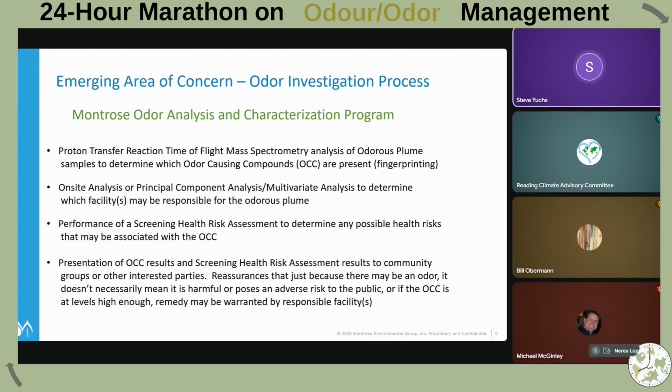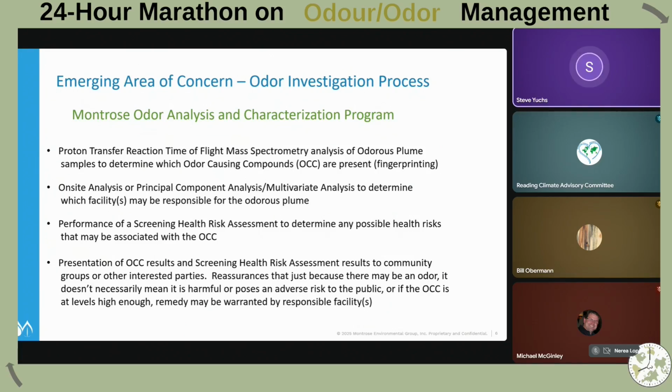After the fingerprinting, we send this data to another analytical company that I'll talk about a little bit later to develop a fingerprint model. We'll take the lab and move around to different locations in accordance with the wind parameters and odor complaints that we received, and we'll sample to determine where these odors are coming from.